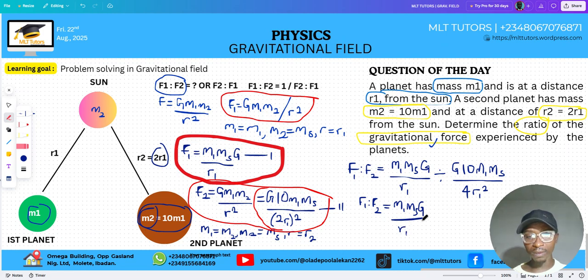r1. Then this division, we turn it to multiplication, and as a result of that, the numerator now becomes the denominator, while the denominator becomes the numerator. That means we have 4r1 all squared over g 10 m1 ms. So our problem is almost solved.